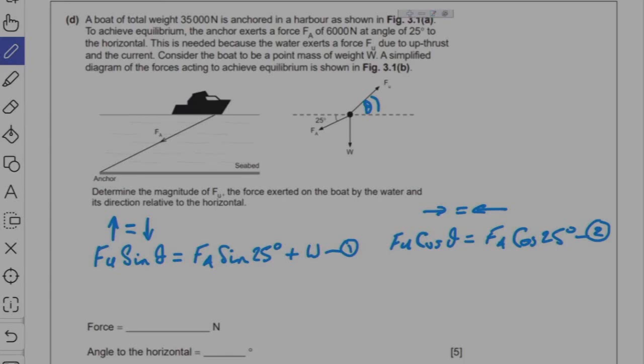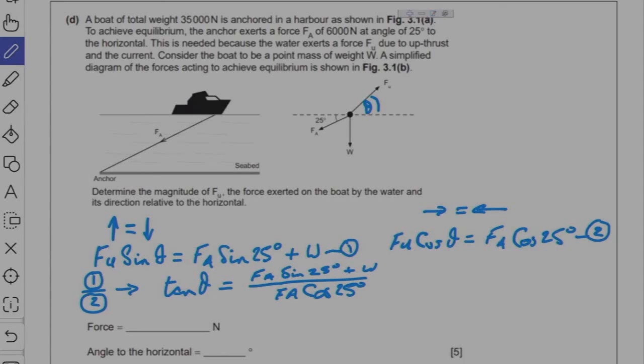So if we call them equation 1 and equation 2, the standard way to solve this would be to divide equation 1 by equation 2, because Fu sine theta over Fu cos theta simplifies to sine theta over cos theta, which is tan theta. And then we have to also divide the right hand sides.